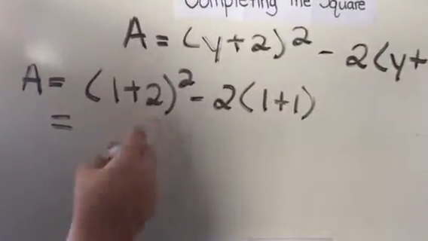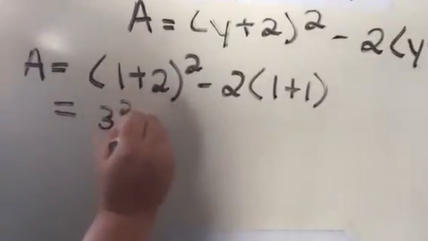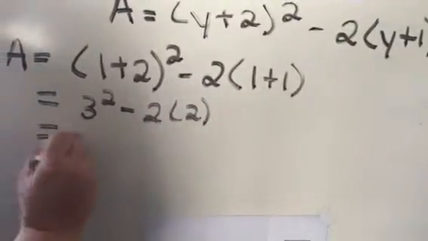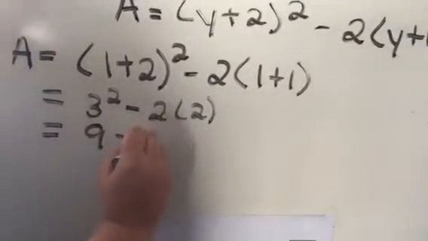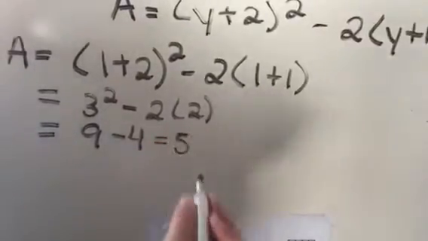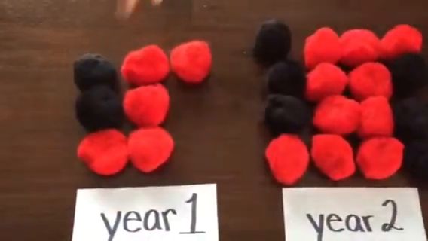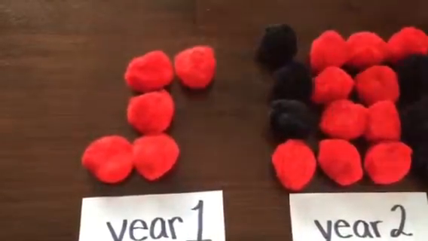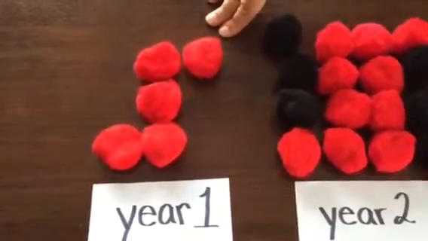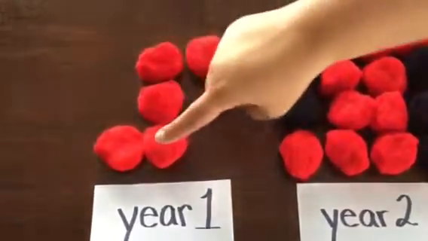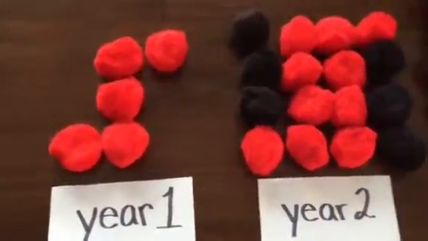Or area equals 3 squared minus 2 times 2, which would be 9 minus 4, or 5. Since we have accounted for the pom-poms that we added at the beginning, we can now subtract those, which leaves us with our original garden. Let's count to see if we get 5 units. 1, 2, 3, 4, 5. Great. Let's test our equation for year 2.